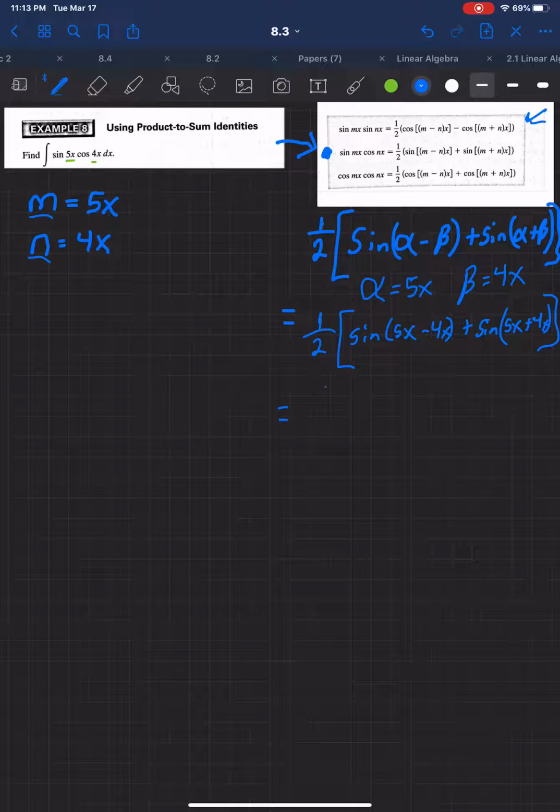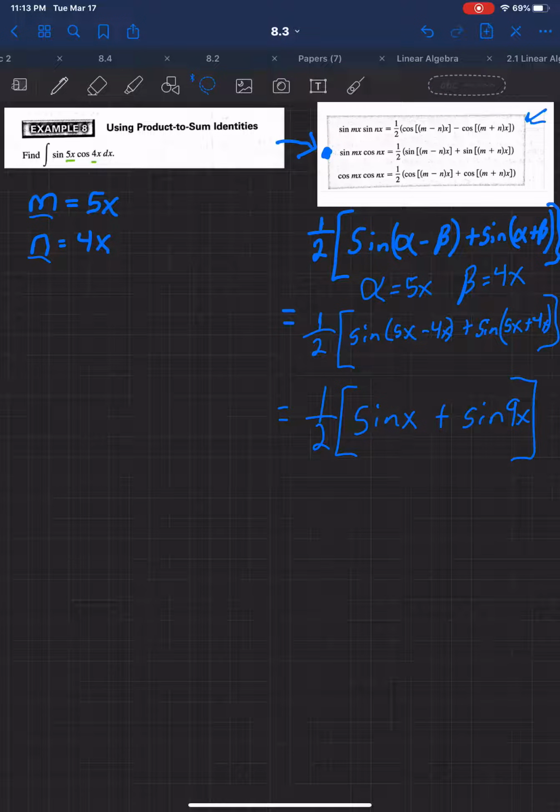Right? So using that product to sum formula, we end up with sine of x plus sine of 9x.